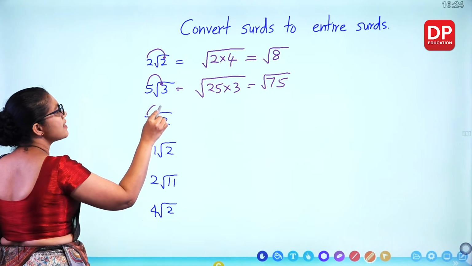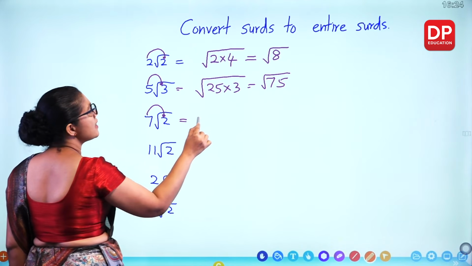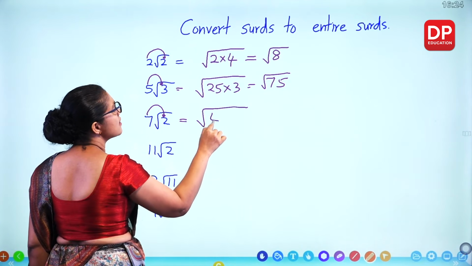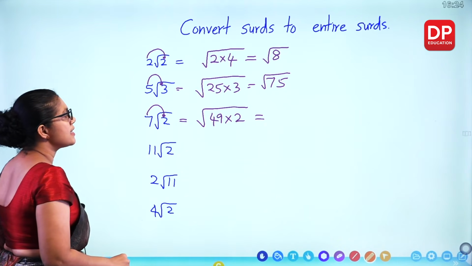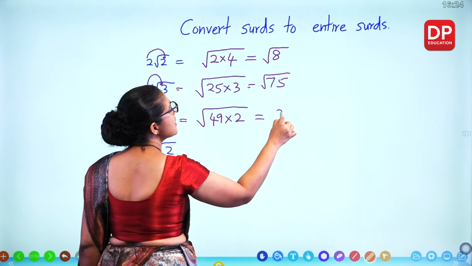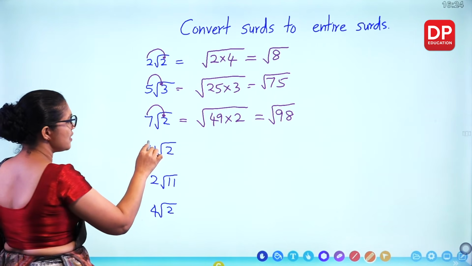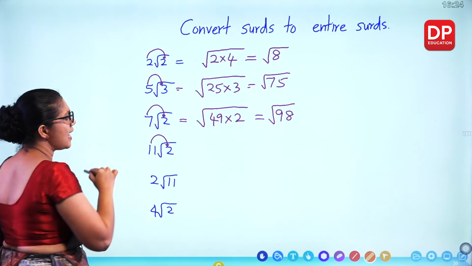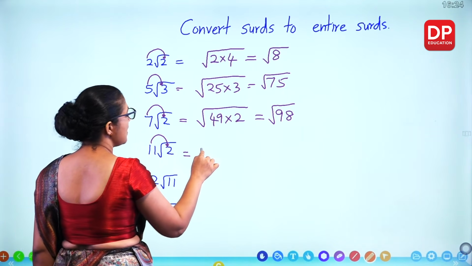So when you put 7 inside, what do you get? 7 squared. 7 squared is 49. So 49 times 2. So what is 49 times 2? You get 98 square root. What about this one? When you take 11 inside, it becomes 11 squared. So what is 11 squared?